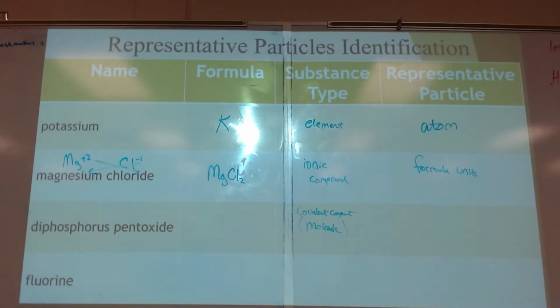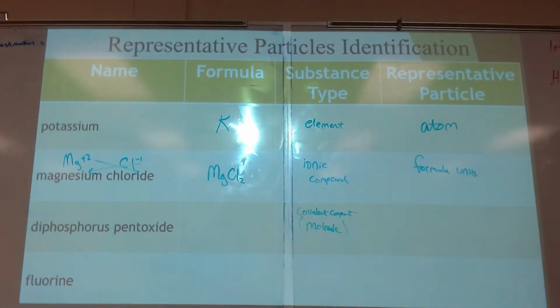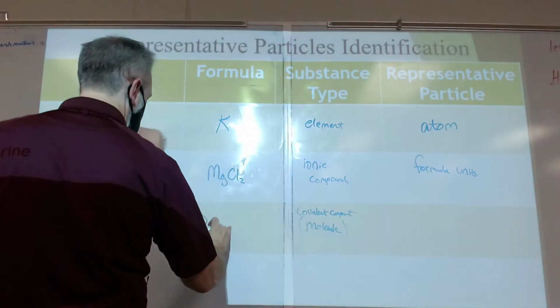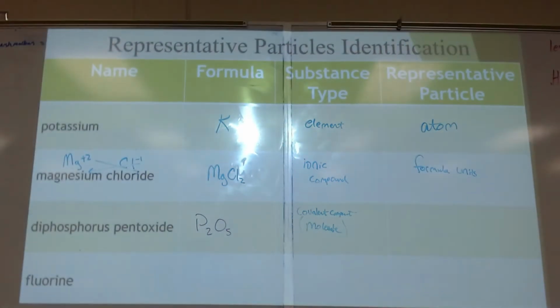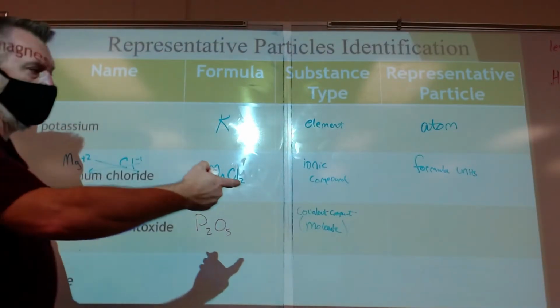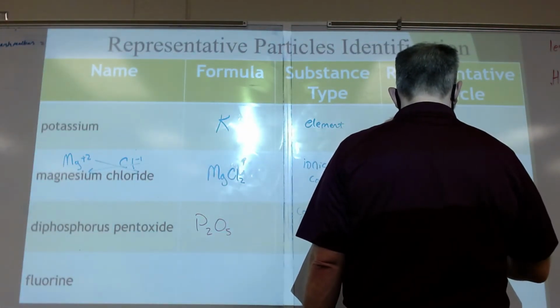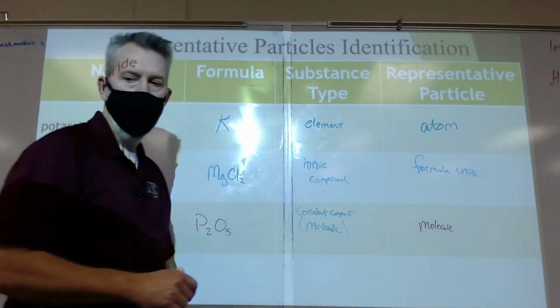If you're struggling with this, this is time to get all your information renewed. 2, 3, 5, right, and then we write that. Right, diphosphorous pentoxide. The representative particle for that is the molecule you just said there. Molecule, right?